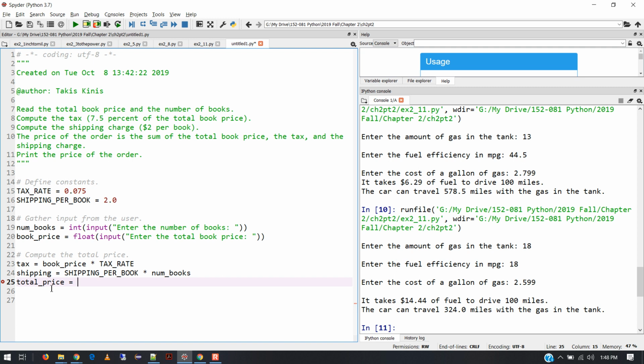One thing I would think about is, how much is your book, and then how many books are you buying? It could be two separate things. But we're combining it here, is the way I'm looking at it, because we're saying enter the total book price. See? So the book price is going to be part of it for sure. Plus the tax. Oops. Plus shipping.